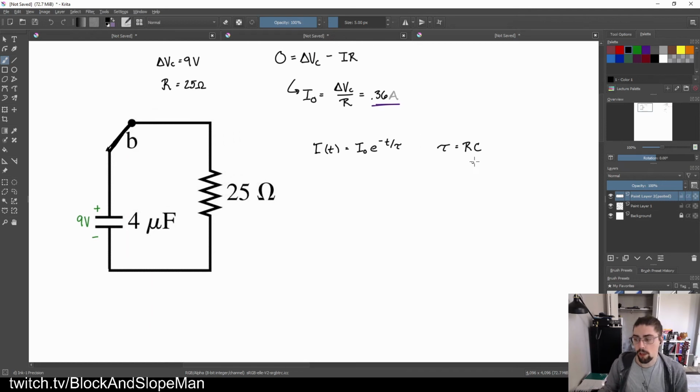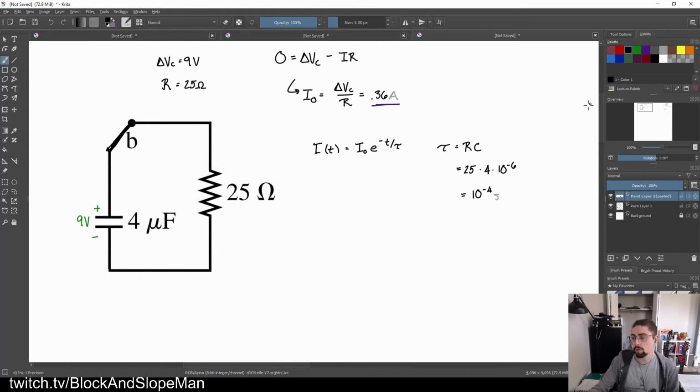So if I were to plug in these values right now, this would be 25 times 4 times 10 to the negative 6th, 4 times 10 to the negative 6 being our capacitance, 25 being our resistance, which means that this value, all put together, is 10 to the negative 4th. 10 to the negative 4th seconds is the strange unit of this.